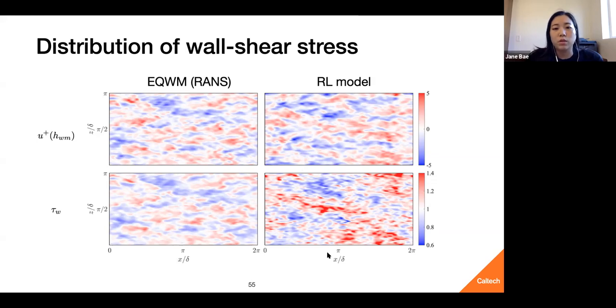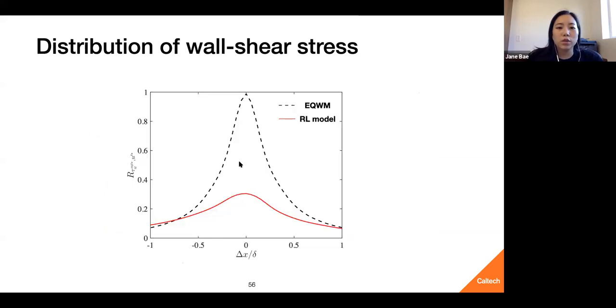So we want discrepancy. If we look at the correlation directly, between the velocity off the wall and the wall shear stress, you can see that the RANS-based model has an almost 1 correlation between the two, and the reinforcement learning model has a correlation around 0.3.